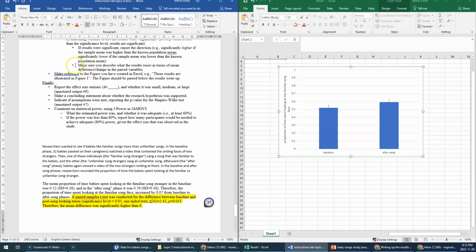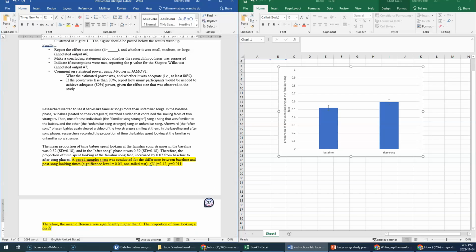And in terms of this part, make sure you describe what the results mean in terms of the difference or change in the paired variables. The proportion of time looking at the familiar song Stranger increased from baseline to post-song video.